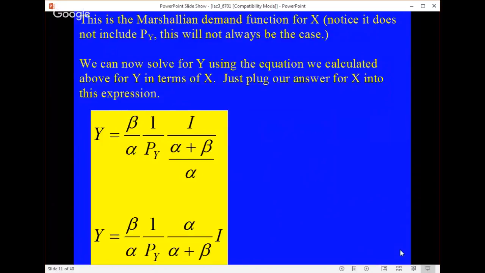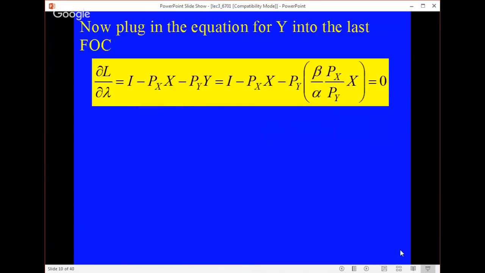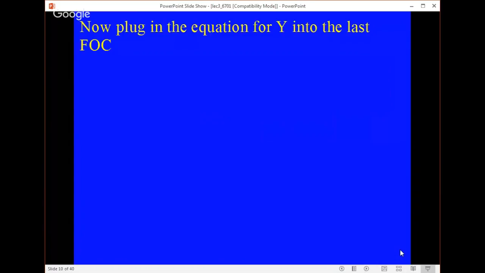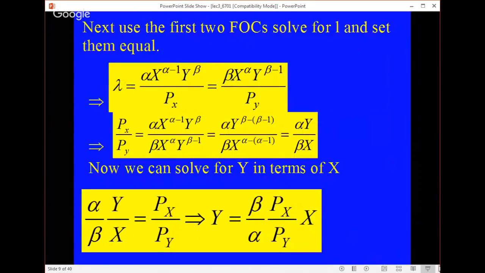So if you remember, let me go back. Down here, I had Y equal to beta over alpha, px over py, times x. I just substitute in our Marshallian demand for X right here.